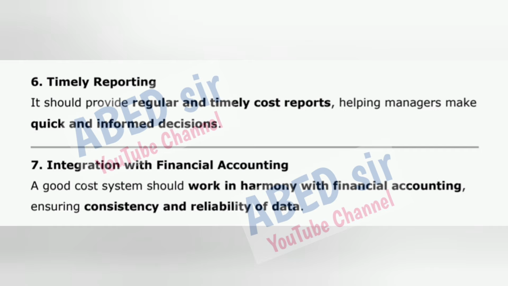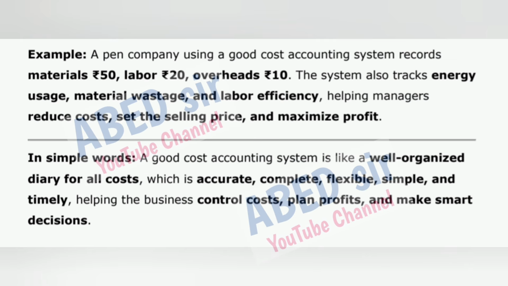7. Integration with financial accounting. A good cost system should work in harmony with financial accounting, ensuring consistency and reliability of data. Example, a pen company using a good cost accounting system records materials 50 rupees, labor 20 rupees, overheads 10 rupees.